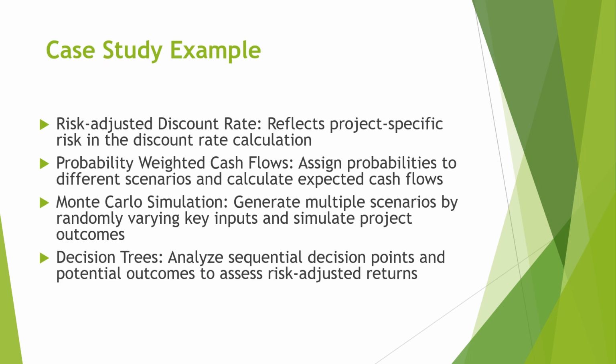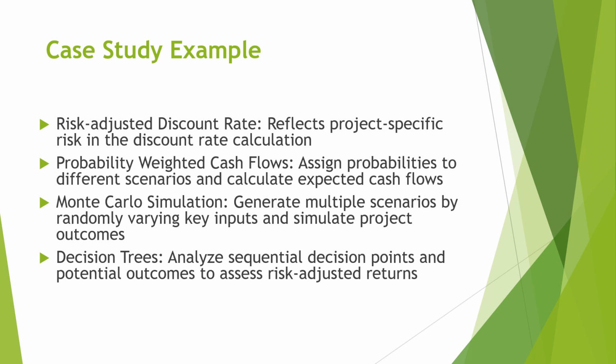We're exploring advanced techniques for integrating risks into capital budgeting decisions. First, the risk-adjusted discount rate. That is adjusting the discount rate to reflect project-specific risks. And then the probability-weighted cash flow, which assigns probabilities to scenarios for more accurate cash flow estimation.